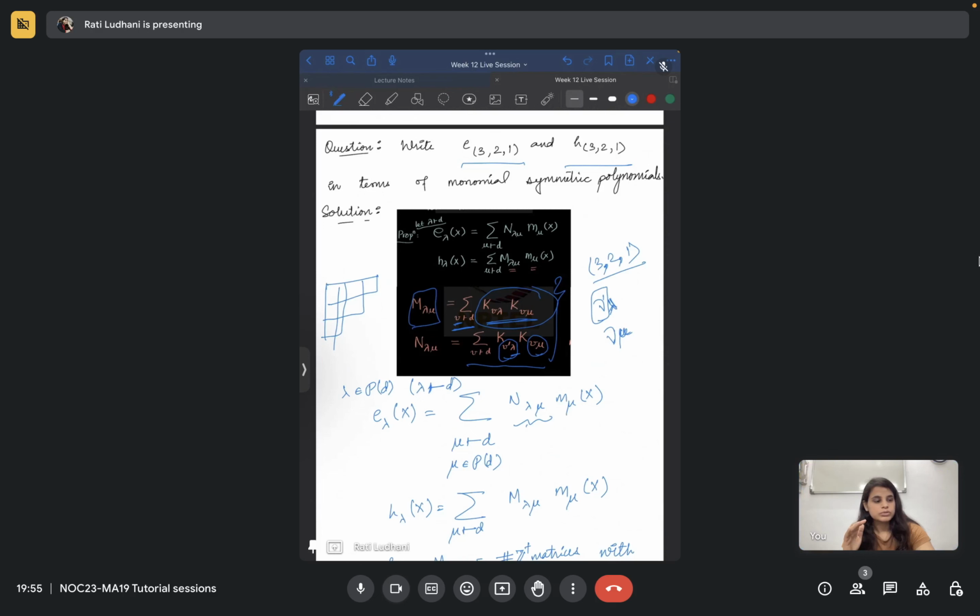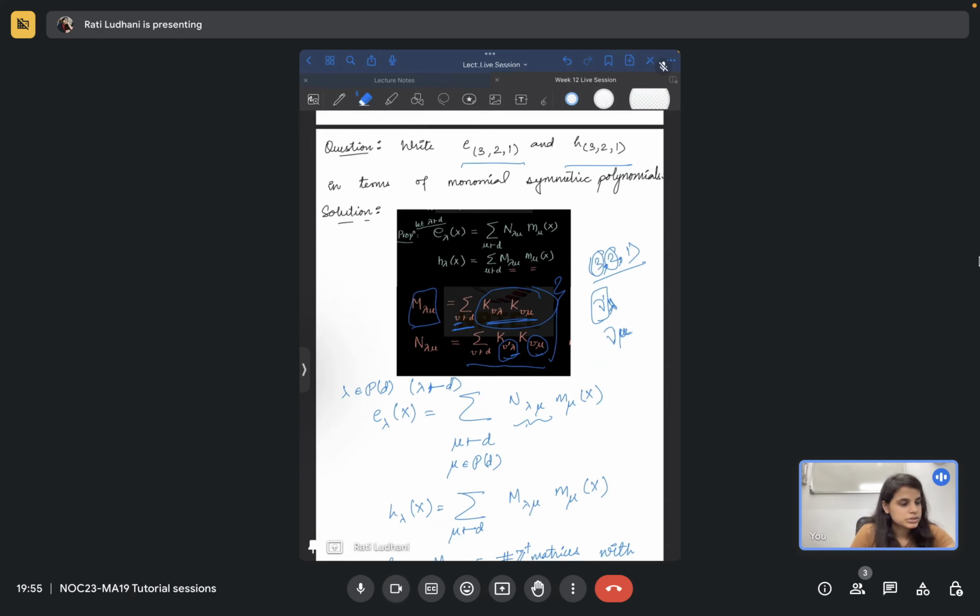For example, if you got this as 1 1 1, this as 2 2, and this as 3, when you transpose it, then you will get, but that is not the case. That's what I am saying.